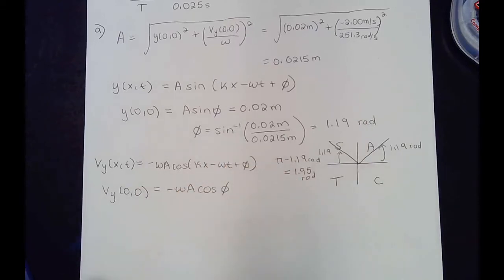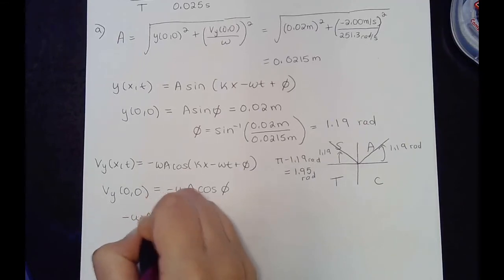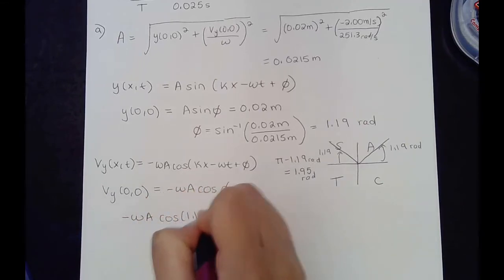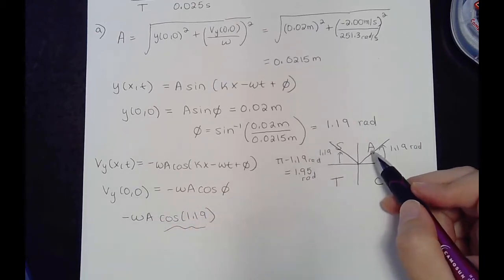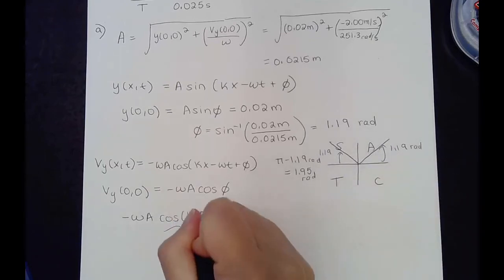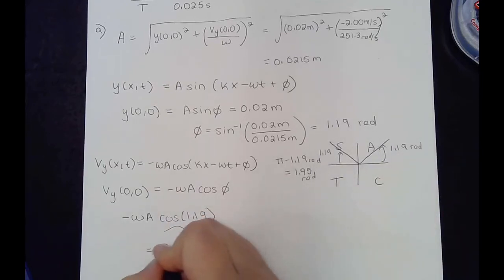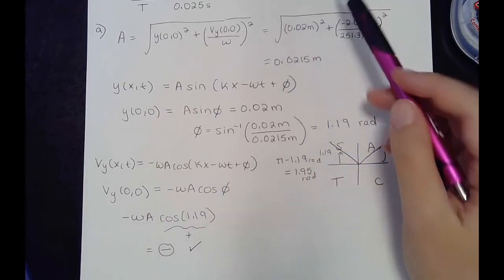So let's try each one. If we try 1.19 radians, we'll have negative omega A cos 1.19. This is in this quadrant where cosine is positive. You can use your calculator, but we can also just see here that it's going to be positive, which gives an overall negative velocity, and that's what we want. We want negative 2 meters per second.